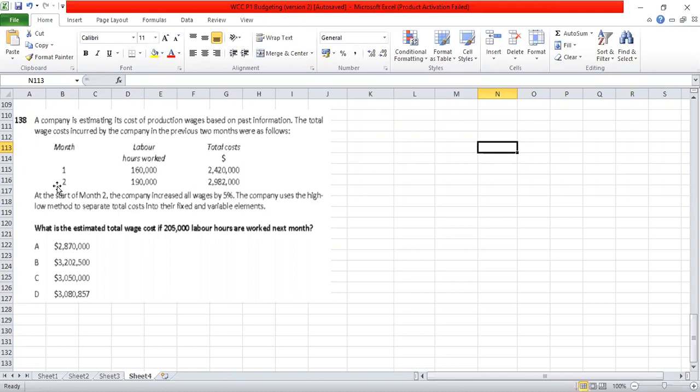Whatever was that 5% increase has to be adjusted, and proceed further. Then we can add it back when we are calculating the estimated total wage cost at 205,000 labor hours. So that is what has to be done. Let's start. Question number 138.